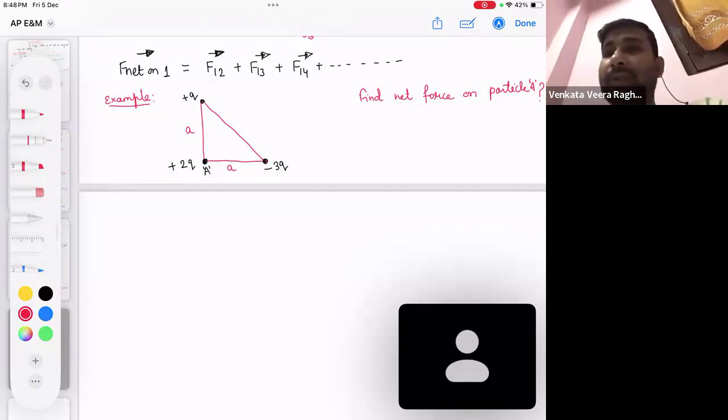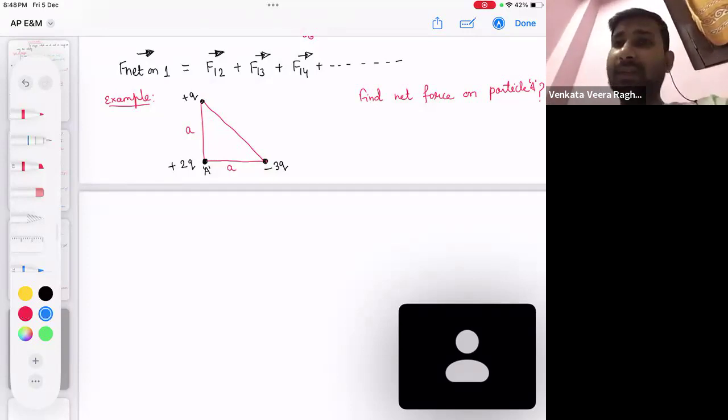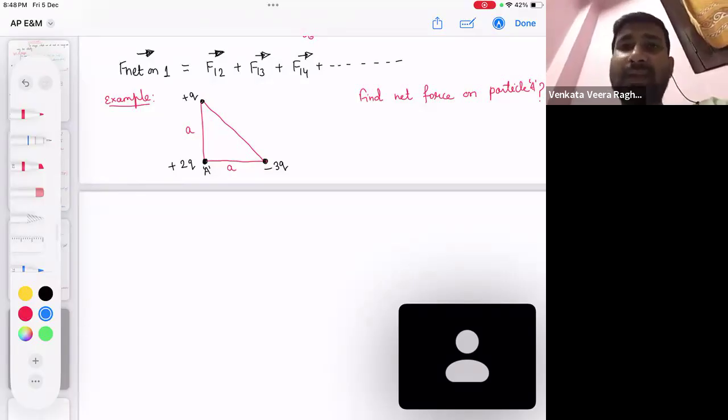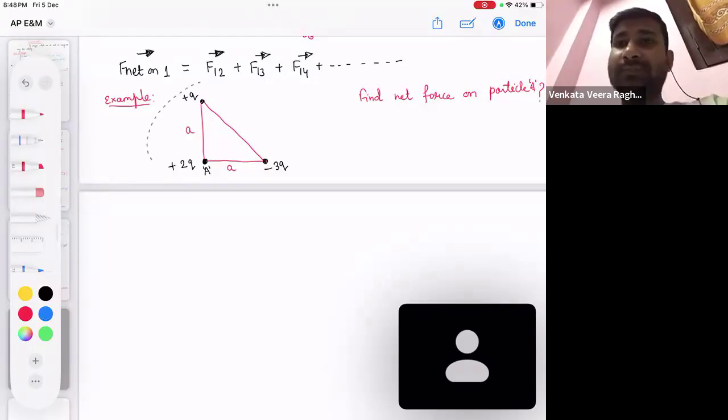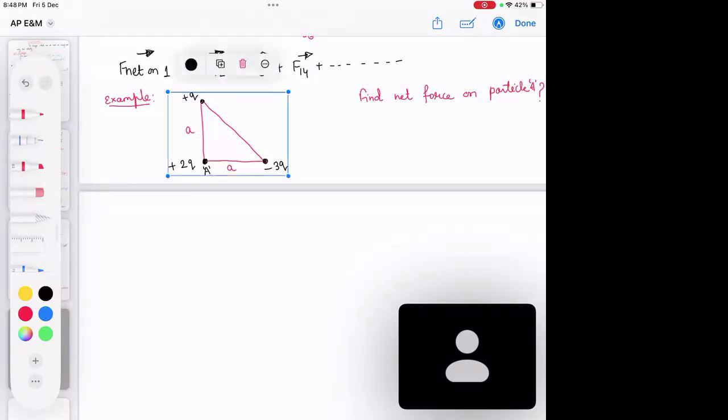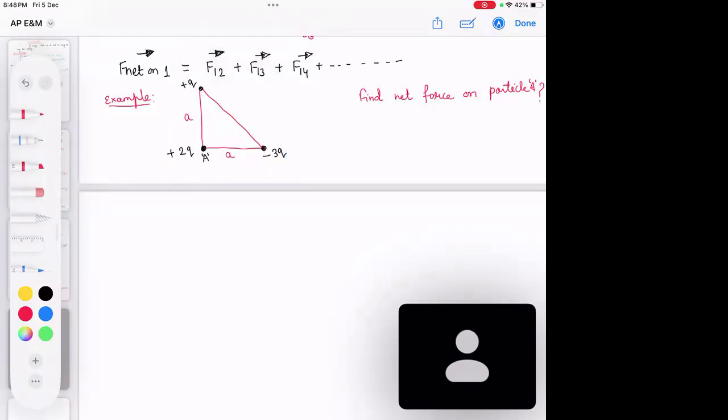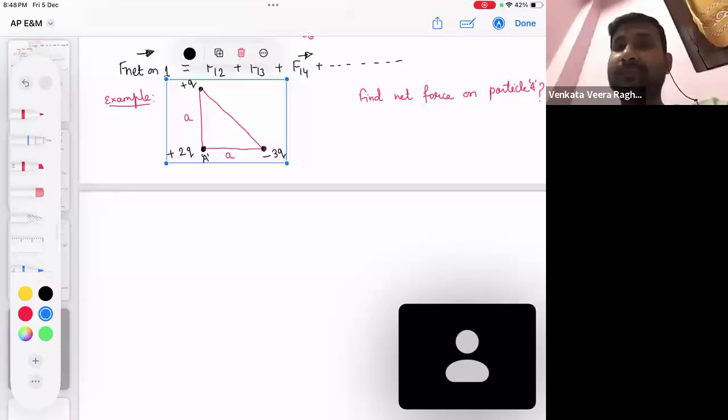So tell me, what is going to be the answer here? On A, we have plus Q. What kind of force will it apply? Downward, sir. Why? Repulsive force.